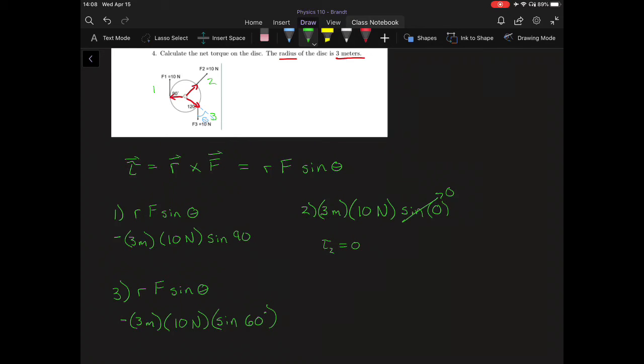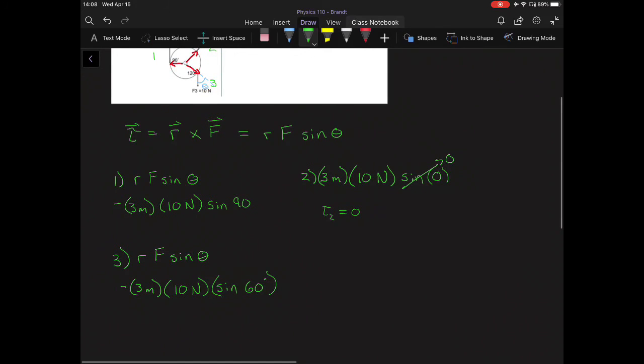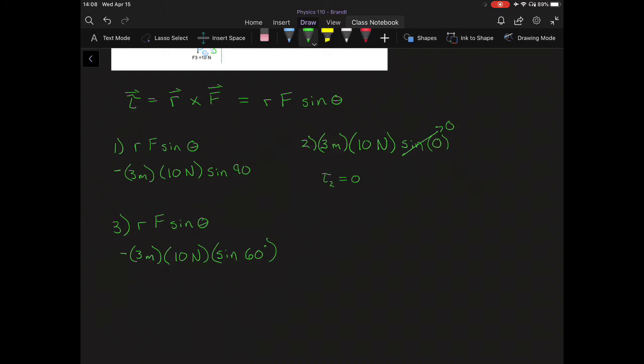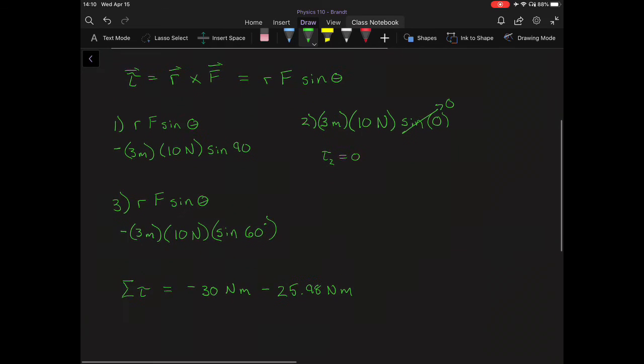So when we add these up, here we go. We want the net torque, so the sum of all the torques. We're going to add torque number 1, which ends up being negative 30 Newton meters, and then we're going to subtract off 25.98 Newton meters, or about 26.